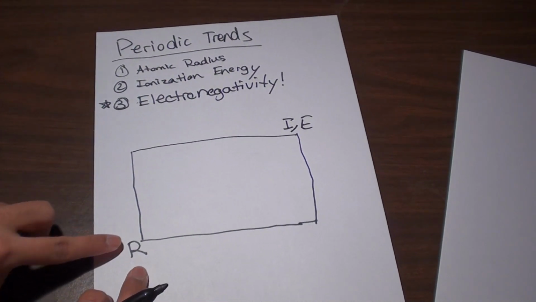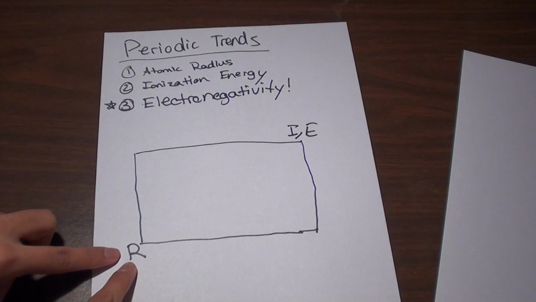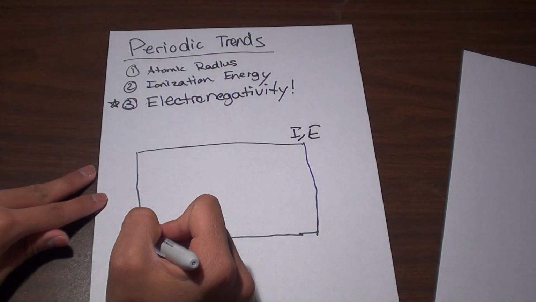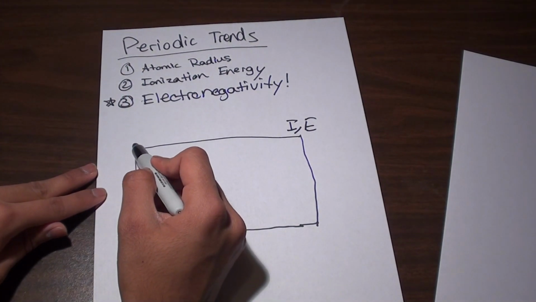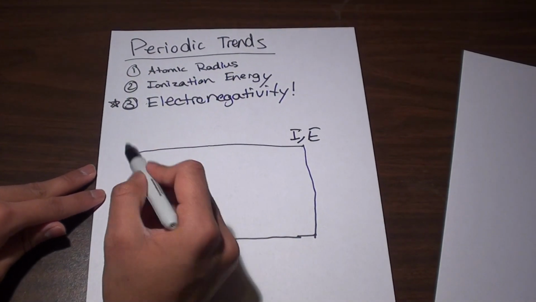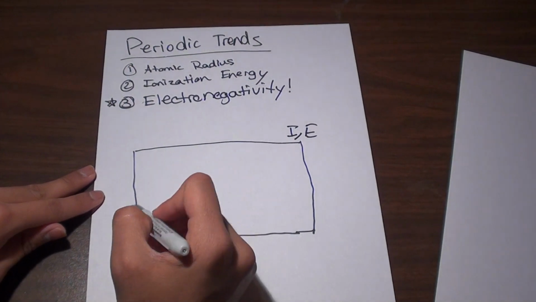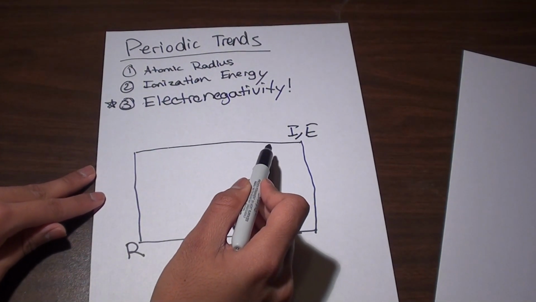So in this corner, atomic radius is going to be highest, which means as you go down, atomic radius is going to increase, and as you go left, it's going to increase, and then it'll decrease going up and then to the right.